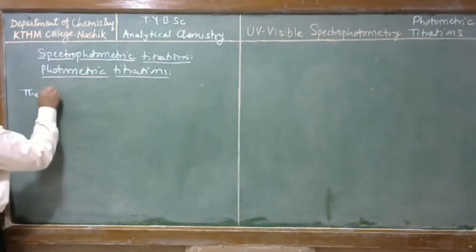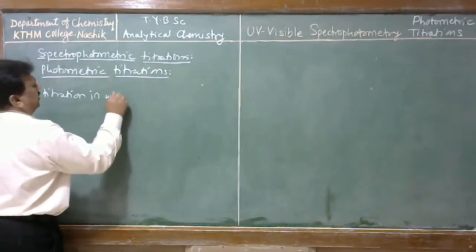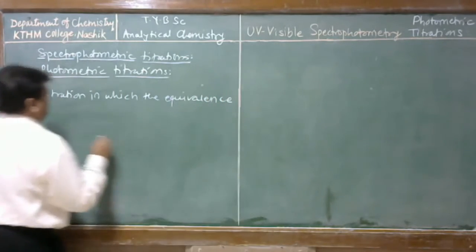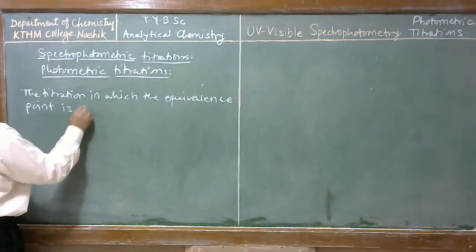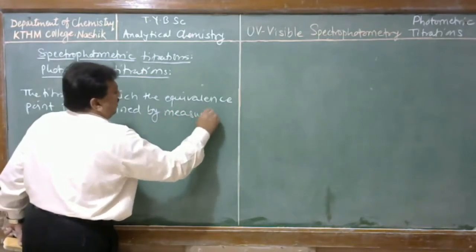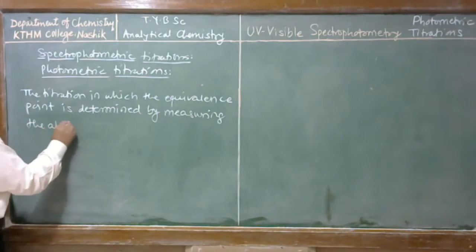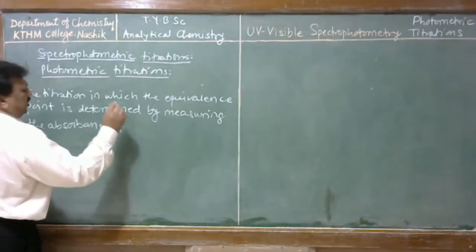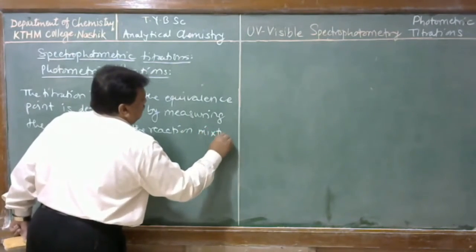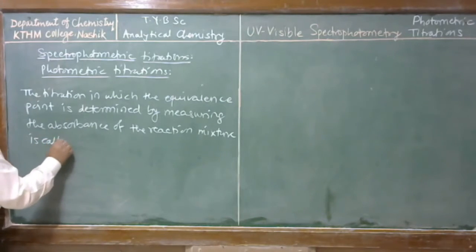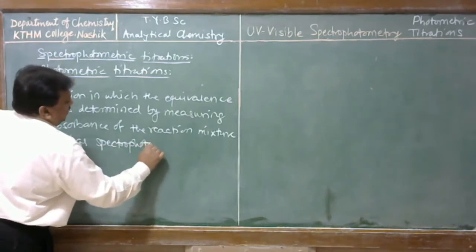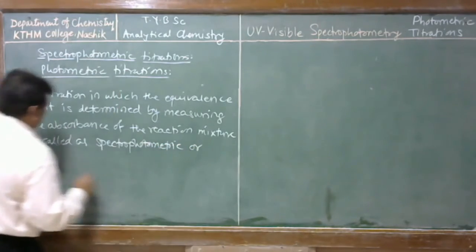The titration in which the equivalence point is determined by measuring the absorbance of the reaction mixture is called a spectrophotometric or photometric titration.